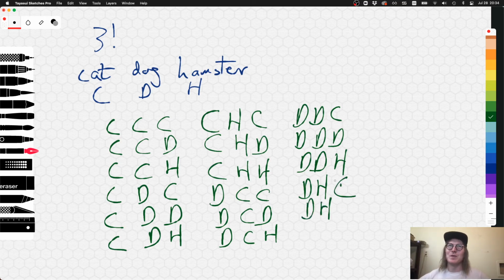I could have used fewer items than 3 to be a little more timely, but so dog, hamster, dog, dog, hamster, hamster. We're sort of in the final stretch here.